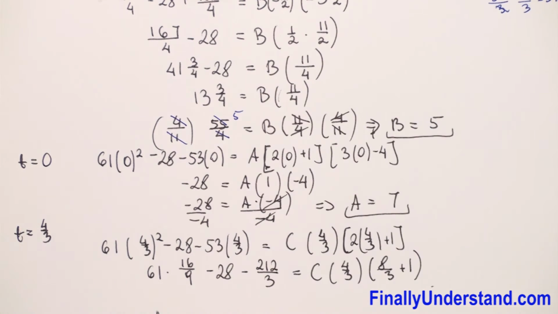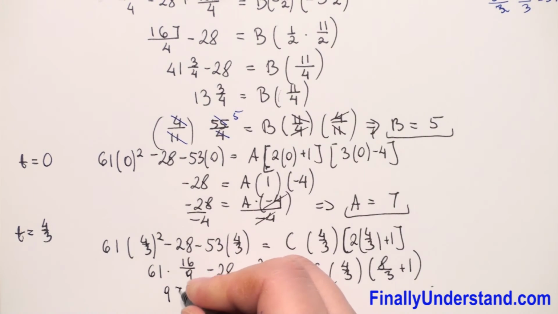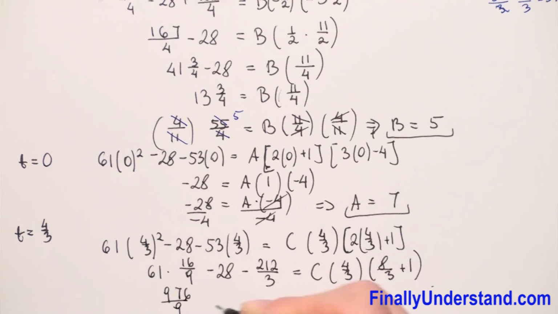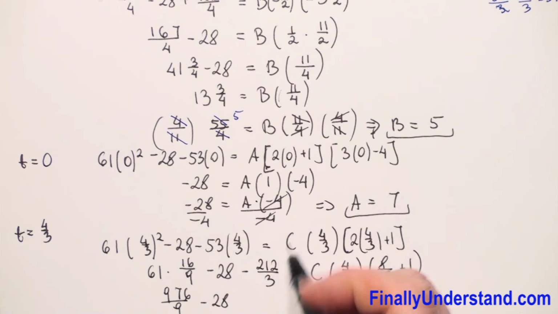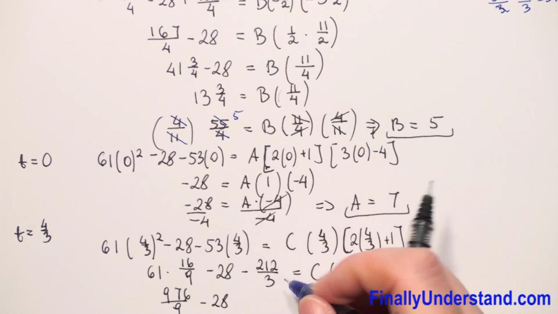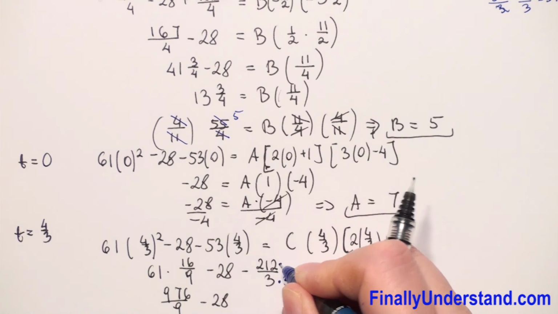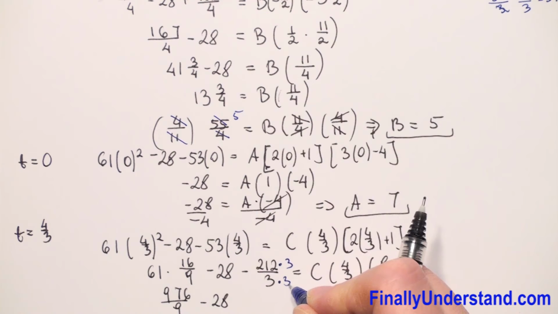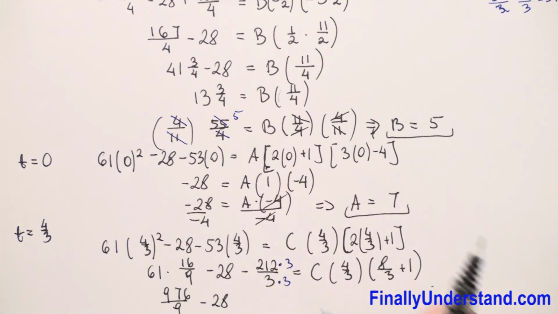So now 61 times 16 is 976 over 9 minus 28, and because we have fractions here and in the denominator 9 and 3, I will multiply 3 times 3, and when I multiply denominator times 3 to get 9, I will have to multiply numerator by the same number, so times 3.